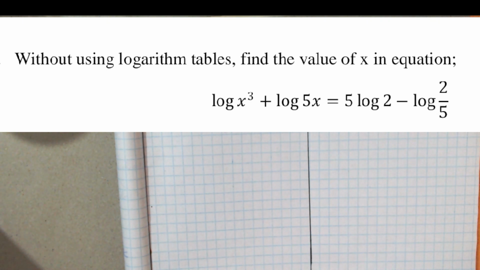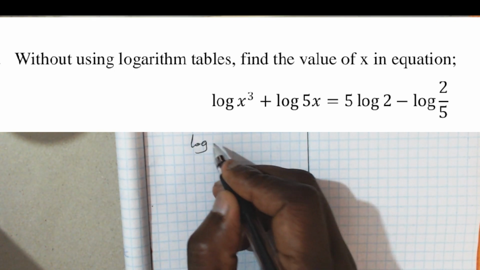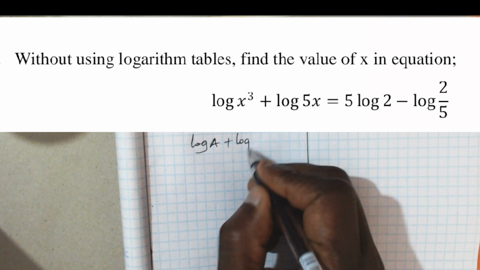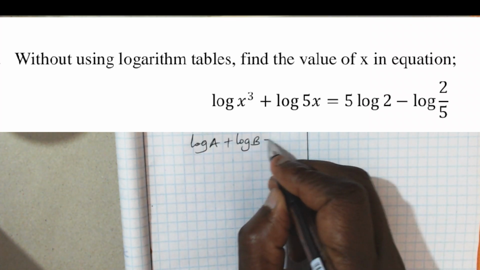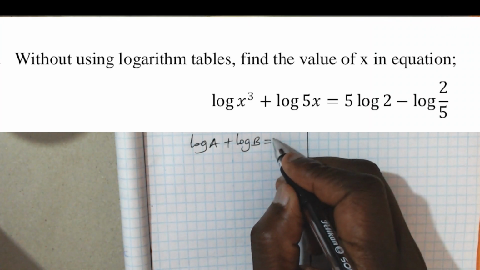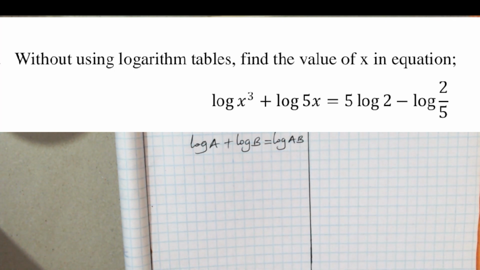one that you're going to use in this question is this one. Given logarithm of a plus logarithm of b, this can be expressed as a singular logarithm: logarithm of a multiplied by b. That is what you're going to use on the left hand side.